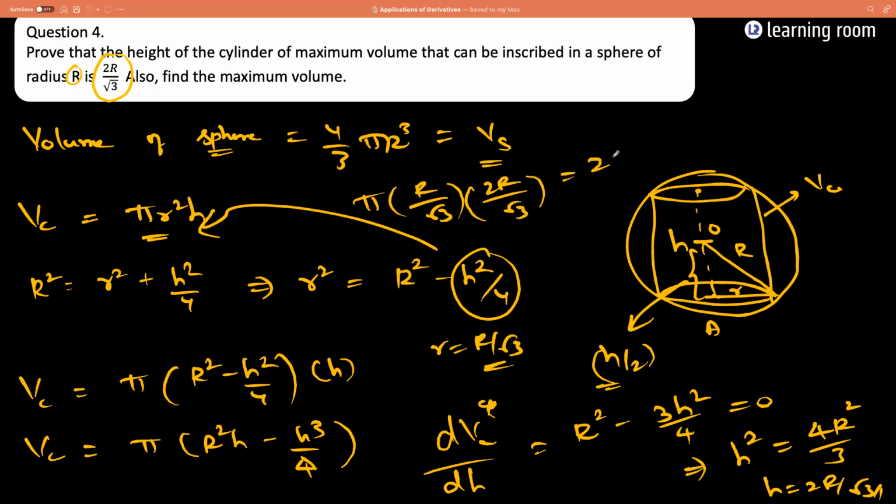So how much will be the answer? 2 pi R square divided by 3. Wait, how can it be R square? So it should be R square by 3, so this will be 3 root 3. So 2 pi R cube divided by 3 root 3 should be the answer.